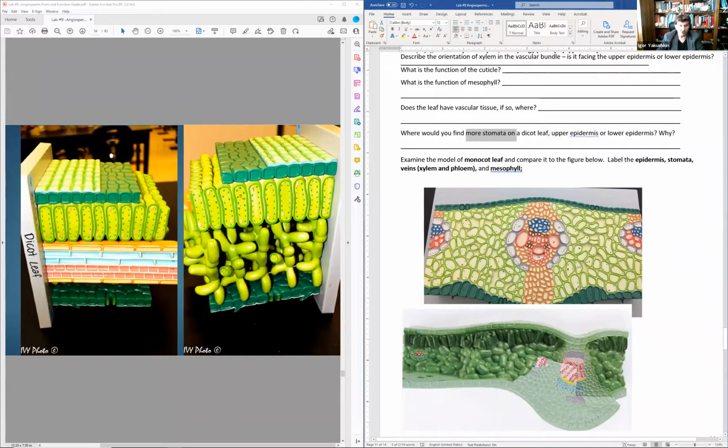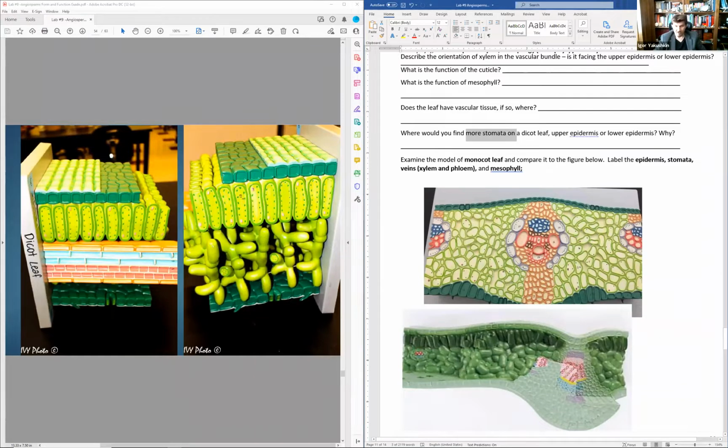Think about a blade of grass, the cross section. A blade of grass does not have palisade parenchyma. Why not? Because a blade of grass essentially will be shined on by the sun on either side. Usually leaves have one particular side facing the sun.